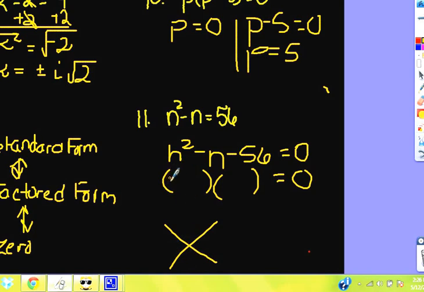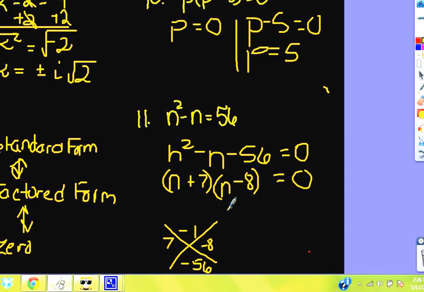We know that these first two can be n and n to get that n squared. We want the last two numbers to multiply out to equal -56, but they also have to add up to a -1. Easy, 7 and 8. To get the correct signs, we're going to have a -8 and +7. So I can put n plus 7, n minus 8.